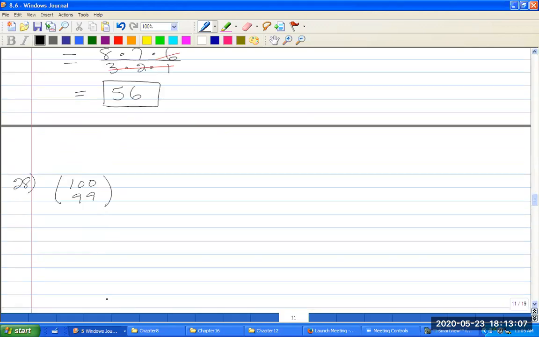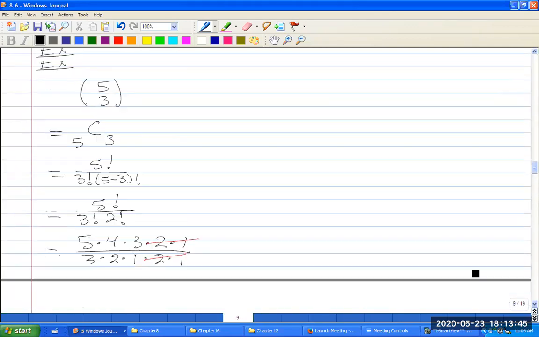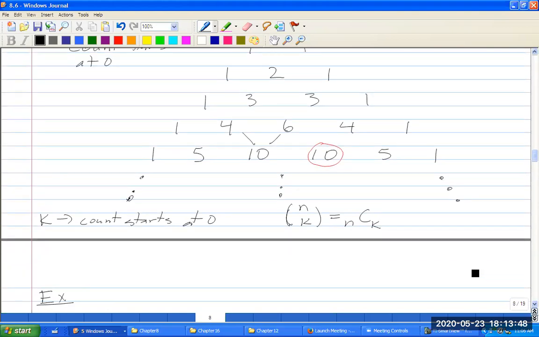Let me do problem 28. This is 100 choose 99. It turns out that you can calculate this much easier than doing 100 times 99 times so on, 99 numbers. You can use the fact that Pascal's triangle is symmetric.